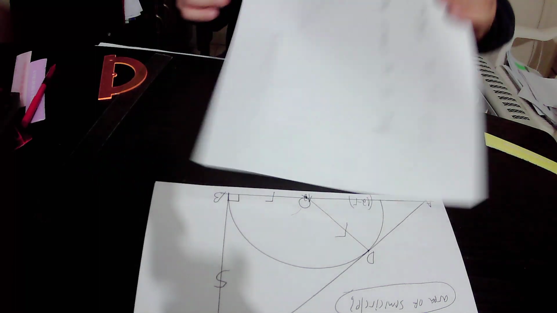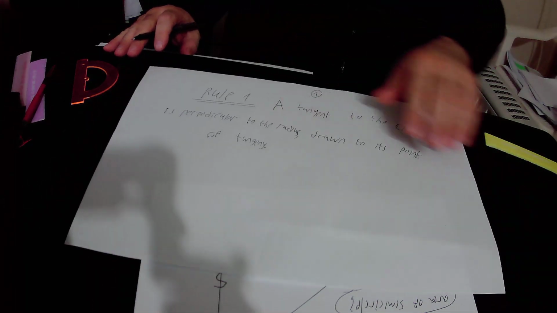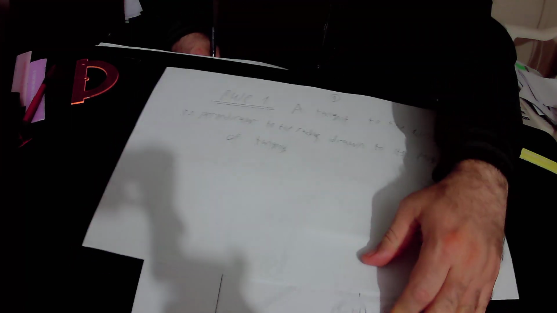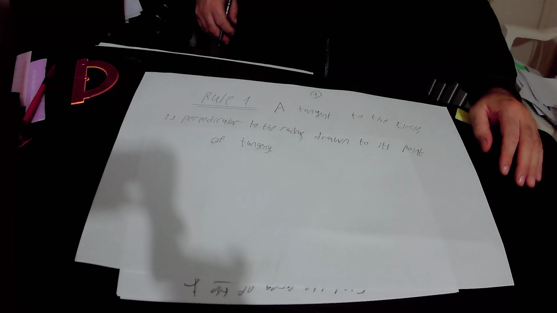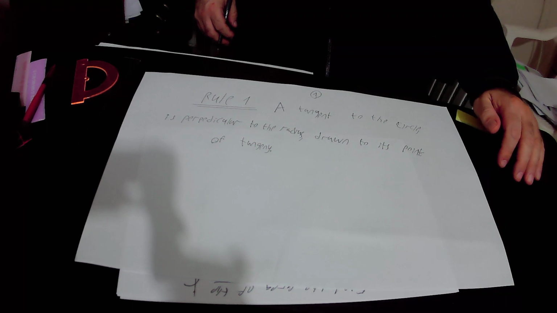So I will read rule number 1 again. According to rule number 1, a tangent to the circle is perpendicular to the radius drawn to its point of tangency. So what is the meaning of rule number 1?